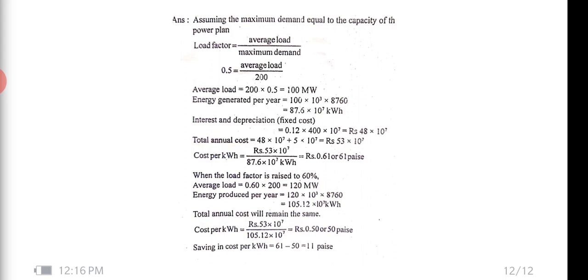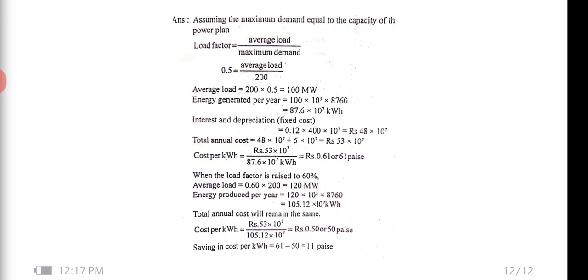The cost becomes only 0.50 or 50 paisa. So you can see that earlier it was 61 paisa. Now when the load factor is raised from 50% to 60%, the cost per unit is 50 paisa. Hence the saving is 61 paisa minus 50 paisa, that is 11 paisa per unit.